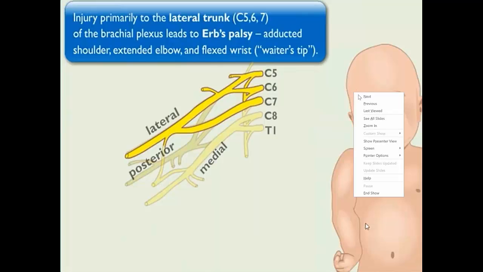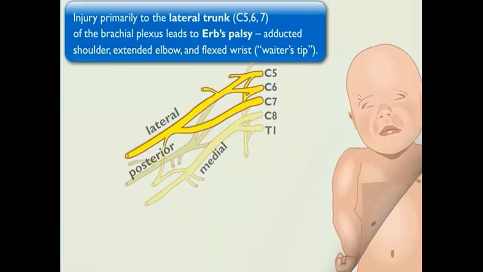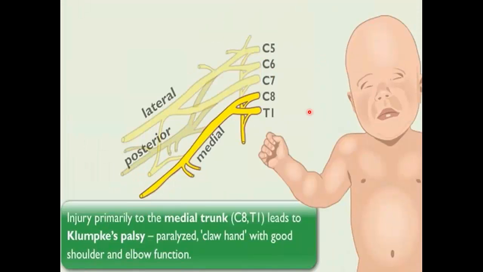Is it clear? And Klumpke's palsy is injury of the lower trunk, C8, T1, and it causes a paralyzed, claw hand with good shoulder and elbow function.